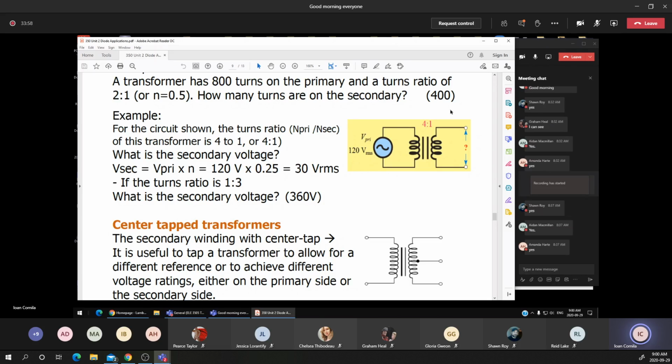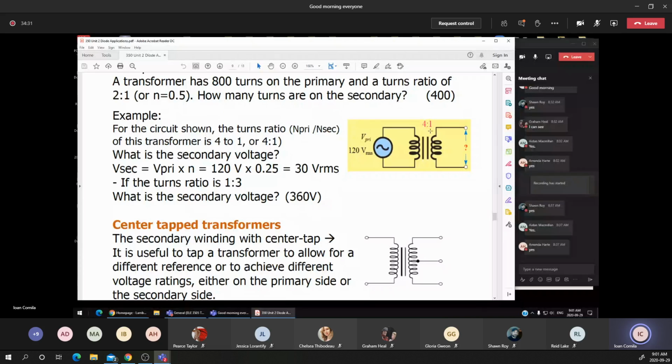And remember that this index may always be provided, or at least the number of turns in the primary and the number of turns in the secondary are provided. Sometimes both of them are given, but most of the time the turn ratio and the input voltage are given. In this example, suppose that just the input voltage, 120 volts, and the turn ratio are given.